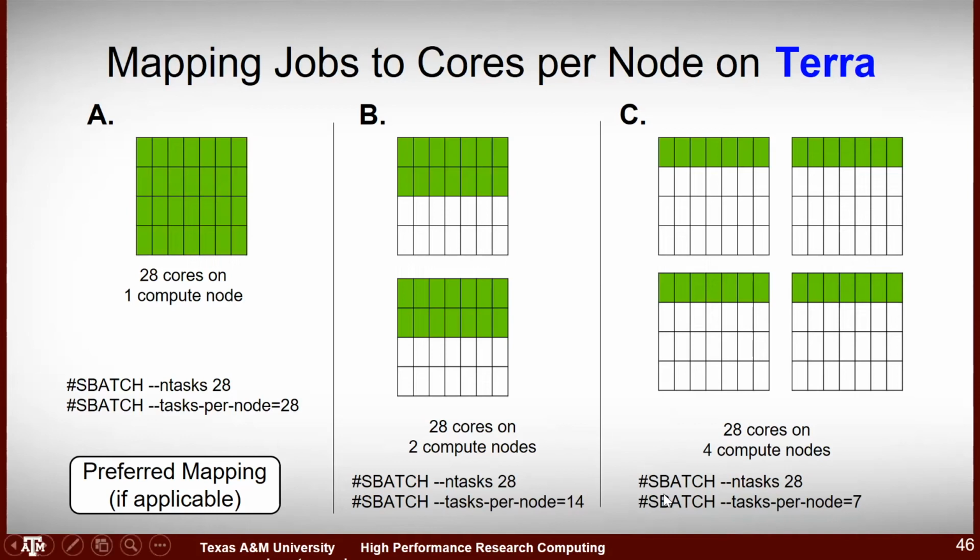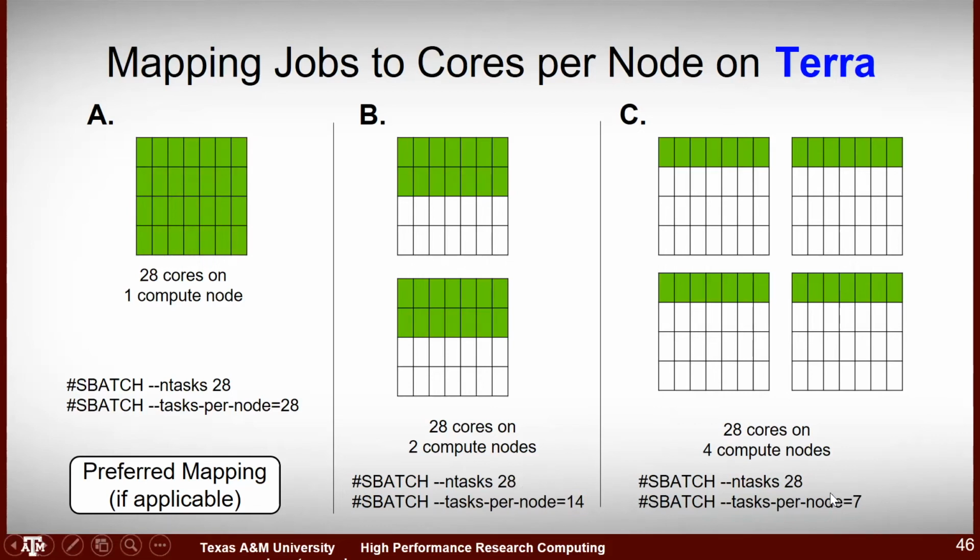The way you would do that is by varying the tasks per node parameter. Here, tasks per node is the same as ntasks, saying to Slurm, I want all of my cores on the same node. And here we have tasks per node equals 14, meaning Slurm, please only put 14 cores on each node for me. Even though there are 28 total, I need them to be on separate nodes.